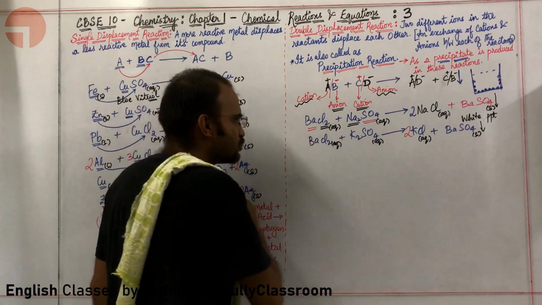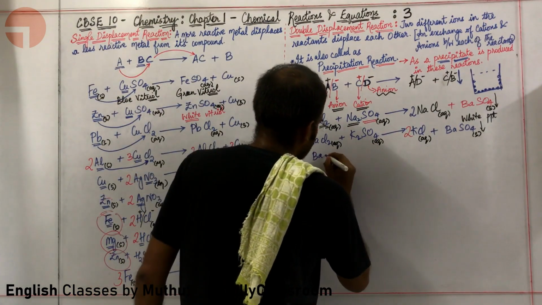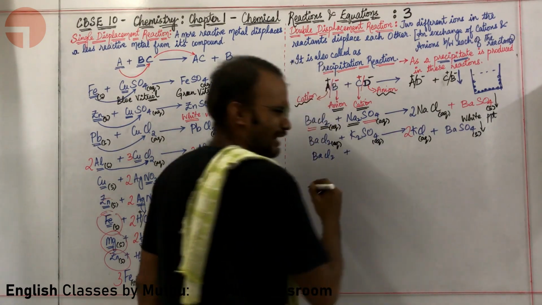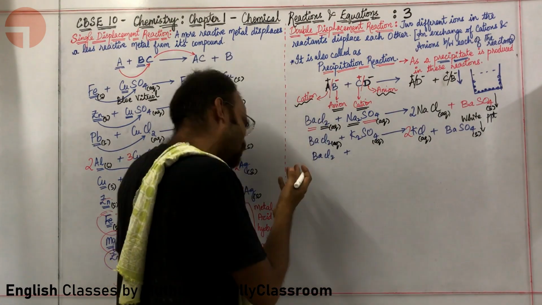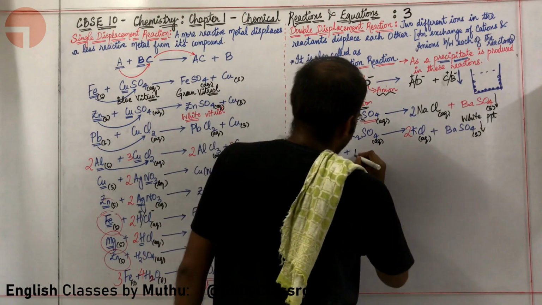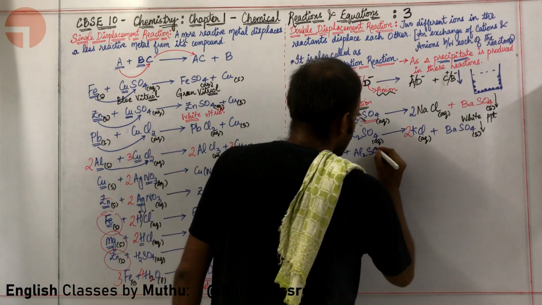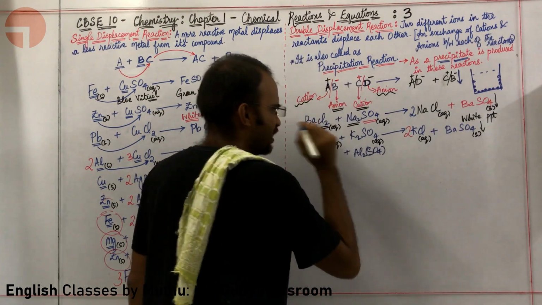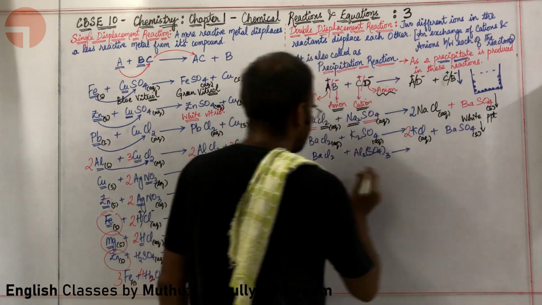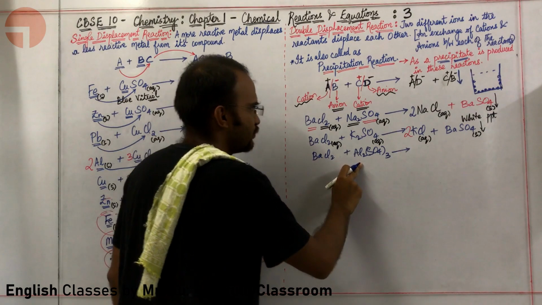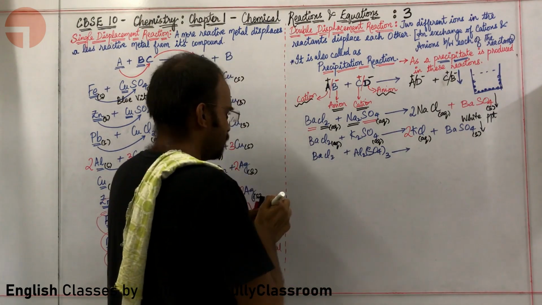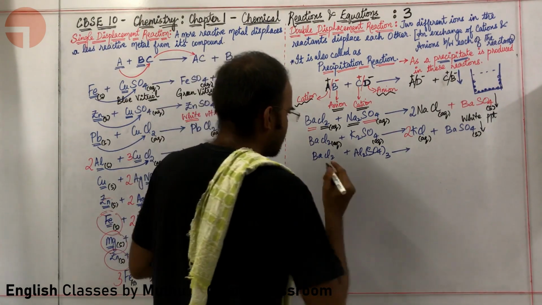Okay, sir. Once more, I want another reaction based on BaCl2. Really? Once more based on BaCl2? Absolutely, sir. Okay. Here BaCl2 combines with Al2(SO4)3. Here, what is combining with what?